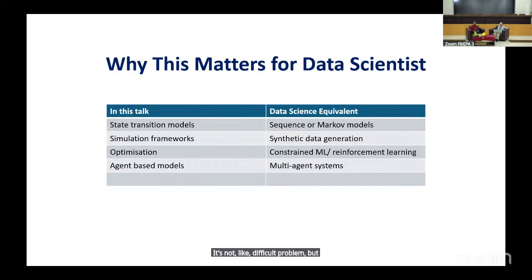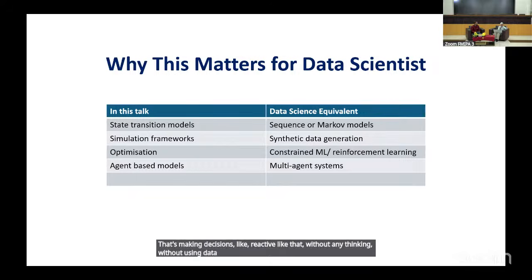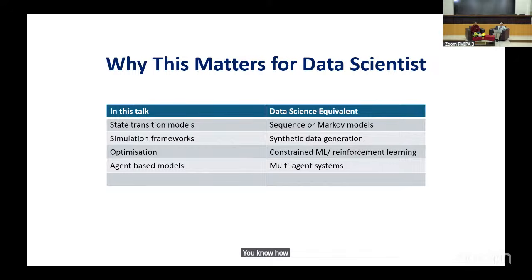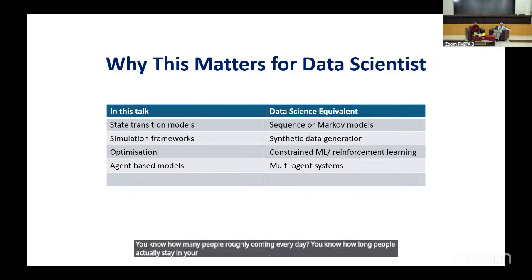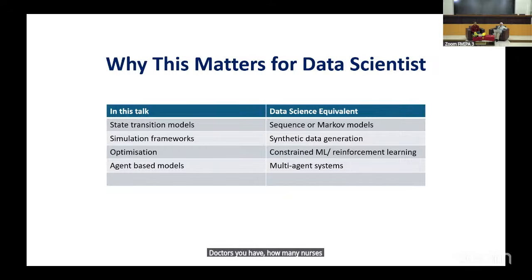But that is making decisions reactively, without any thinking, without using data as a base for your decision. But if you have the data, you know roughly how many people come every day. You know how long people actually stay in your beds. You know how many doctors you have, how many nurses you have. You can analyze this, you can model this. And then it turned out, oh, probably people, so your department, so inpatient, what is it in Indonesian?